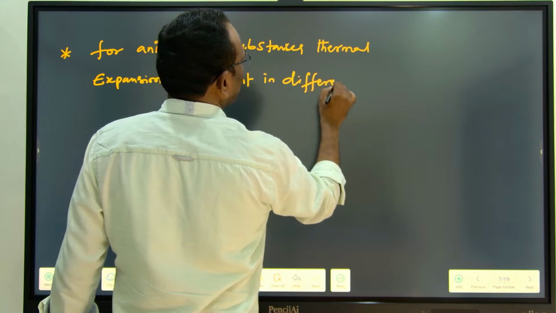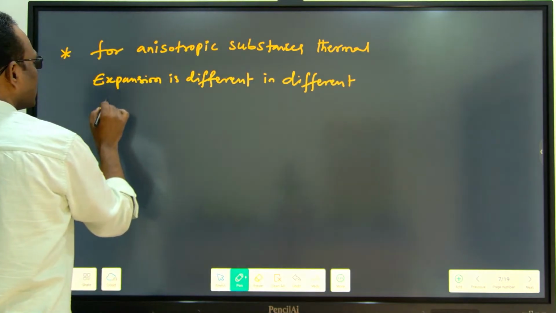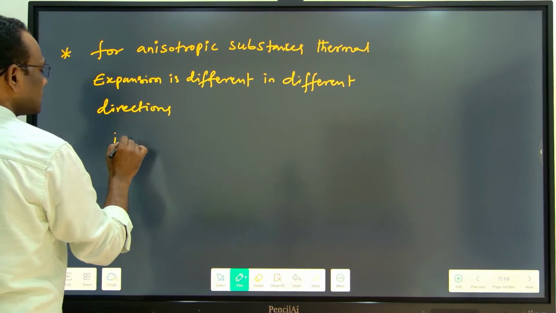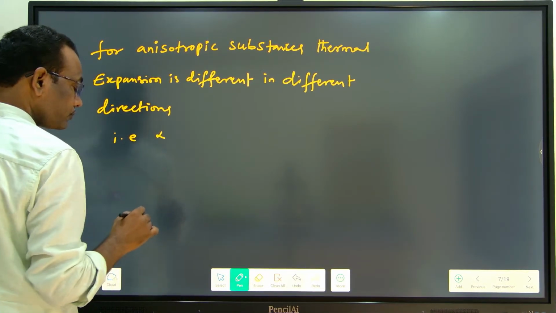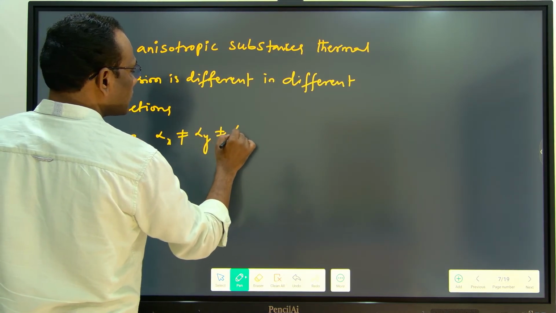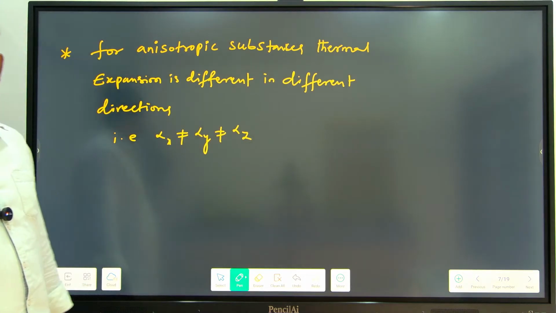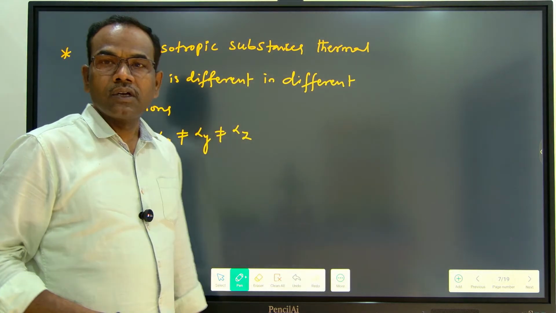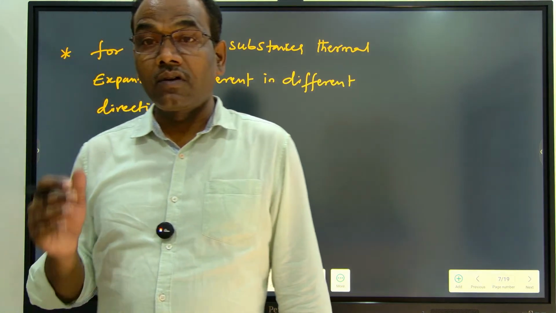Here you write alpha x is not equal to alpha y is not equal to alpha z. All are different because the thermal expansion is different along the different directions.